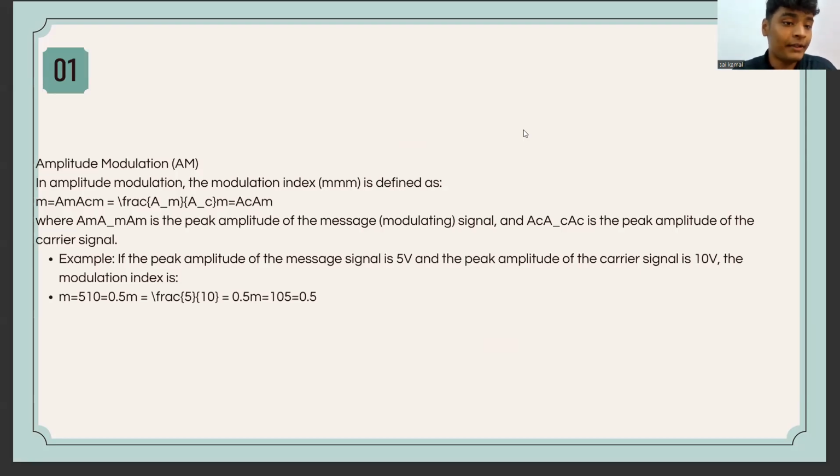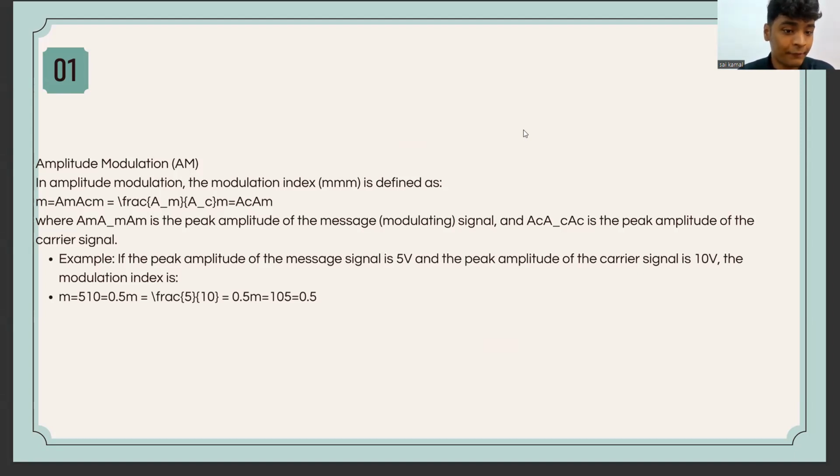So what is amplitude modulation? In amplitude modulation, the modulation index is defined as m equals Am by Ac, where Am is the peak amplitude of the message, and Ac is the peak amplitude of the carrier signal.